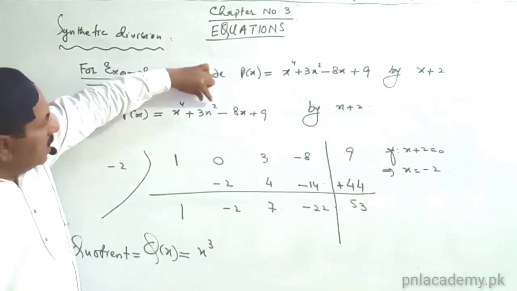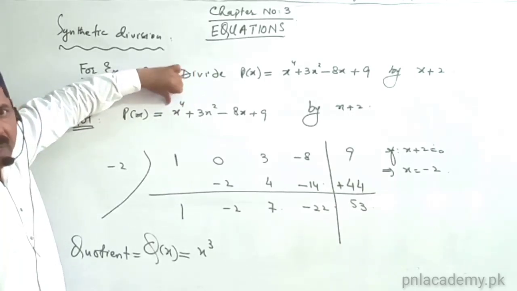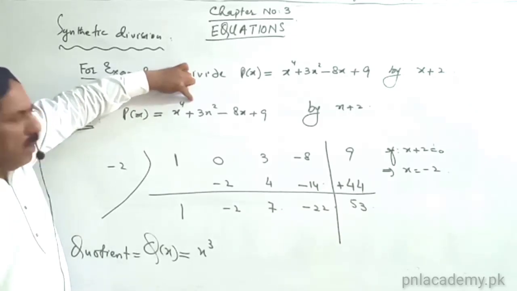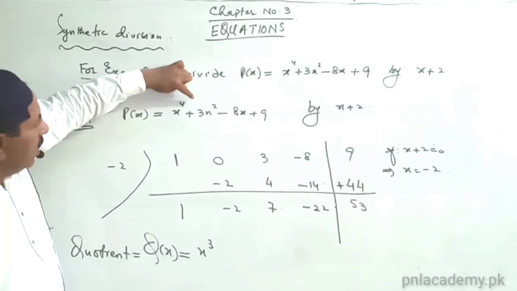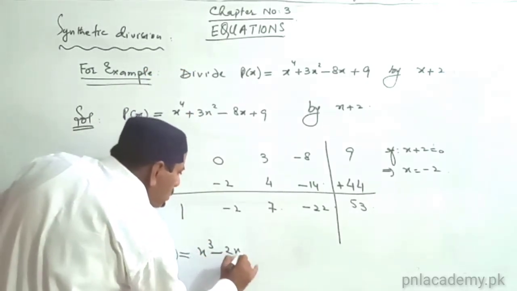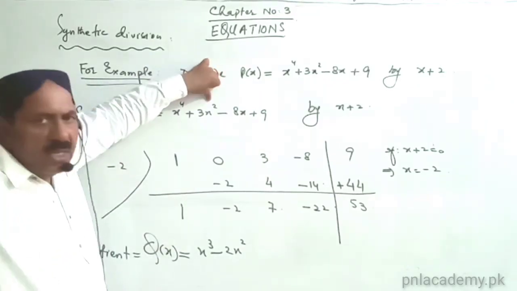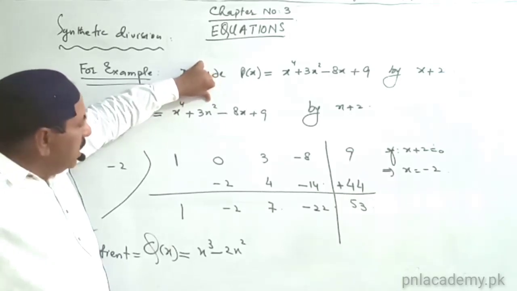At second stage there is a degree cube. When we reduce that degree by 1, cube, it will be x square. X square into minus 2, this will be minus 2x square. Then at the third stage there is a degree 2. When you reduce degree 2, it will be x degree 1.